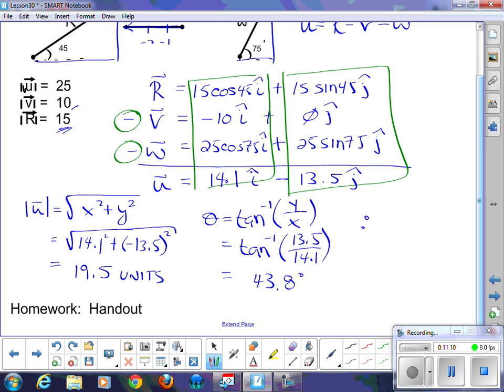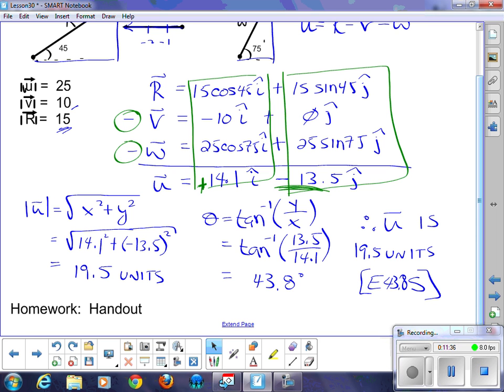So therefore, the u vector is 19.5 units, and its direction, so again, started off in the positive 14.1, so that means it started heading east, and then negative 13.5, so that means we turn south or down, and the angle goes in between, 43.8.